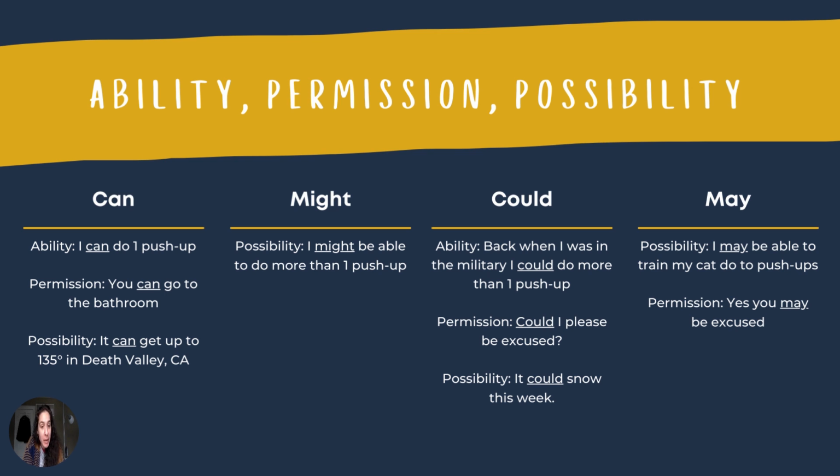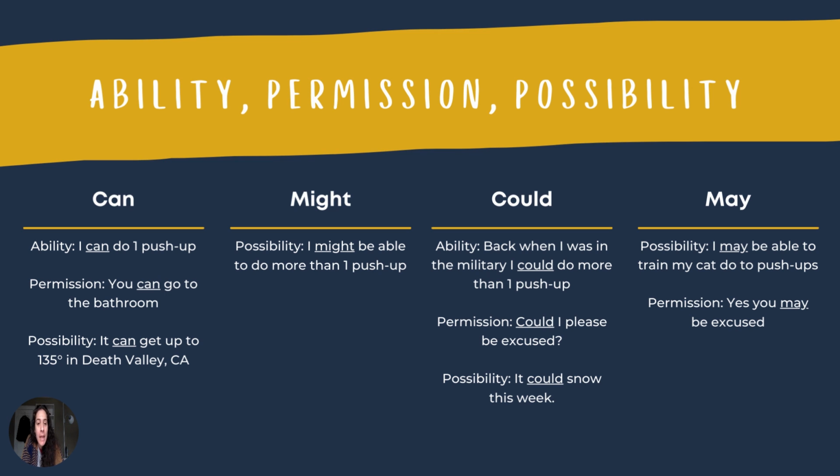One thing to remember is all of these words are in the same group for ability, permission, and possibility, but that doesn't mean that they all have the ability to be used to talk about permission and possibility.